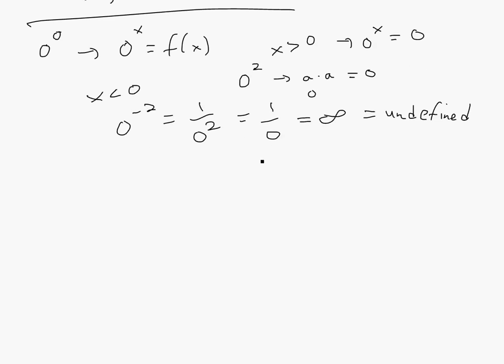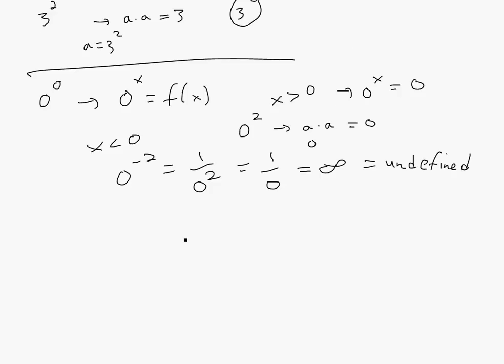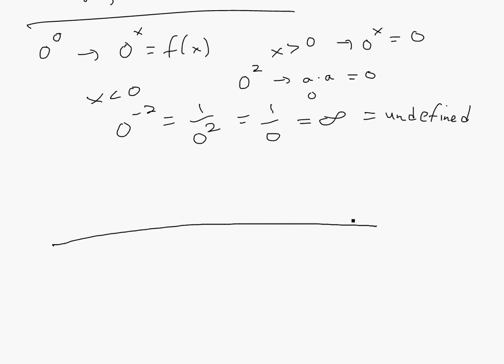So if you were to graph this, I'll just make a straight line. This is x, and this is y. If you graph it, this one's going to be 0 for everything. This is, let's say, a circle here at x equals 0.